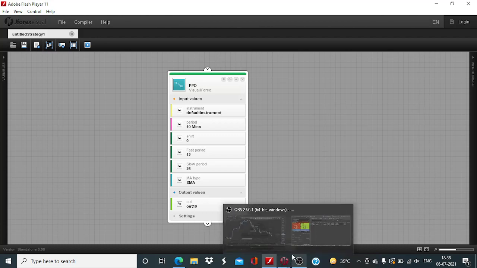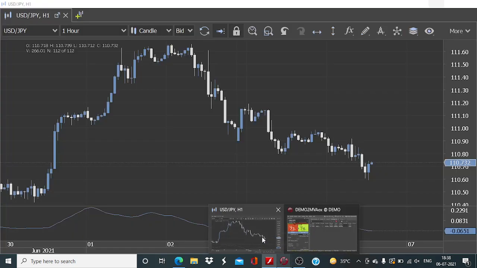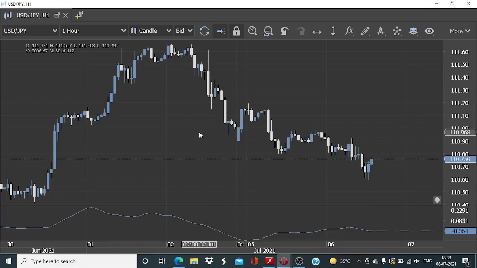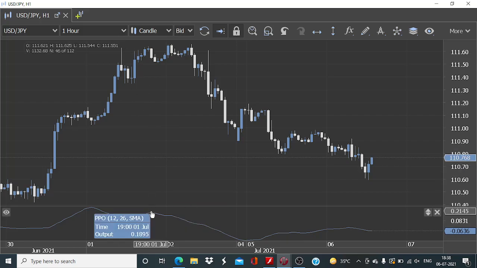I will make you familiar with the functioning of this indicator and how we are going to define the logic for today's algorithm. This is the USD JPY chart plotted on the hourly time period, and I have also added the PPO on the lower side. The combination is of 12, 26 SMAs.